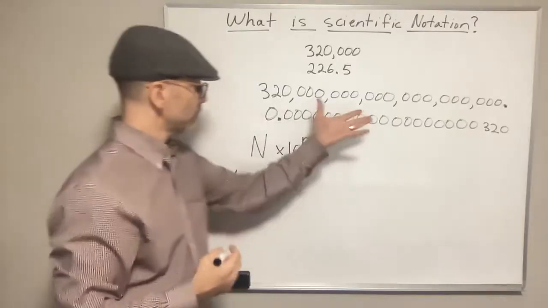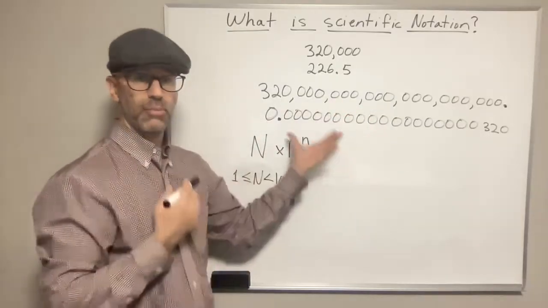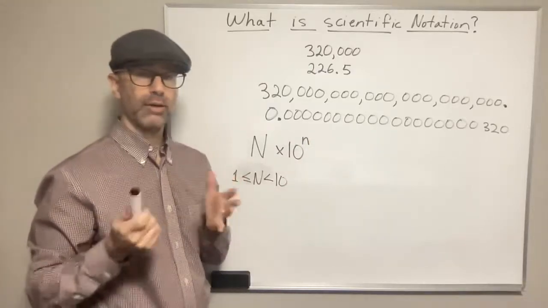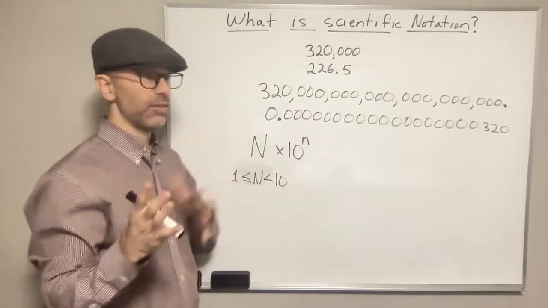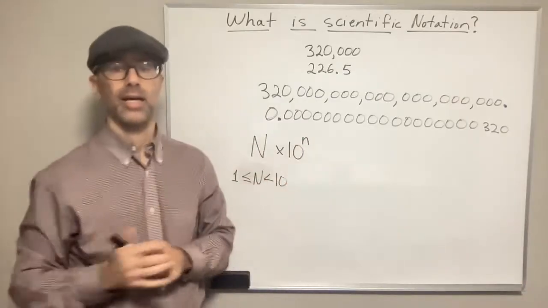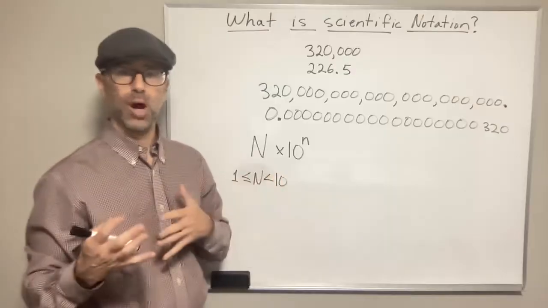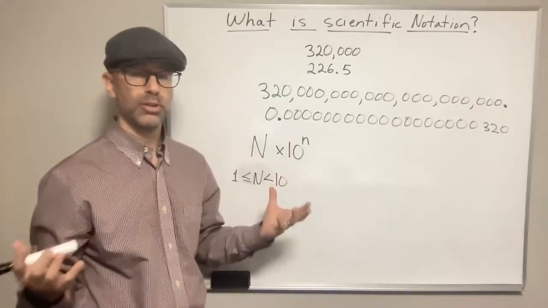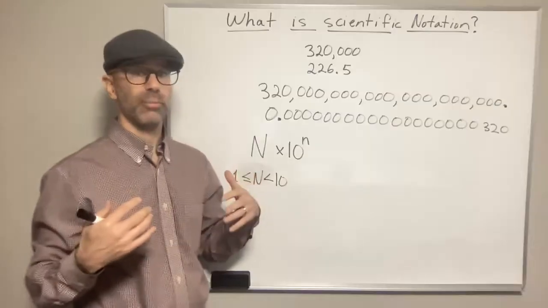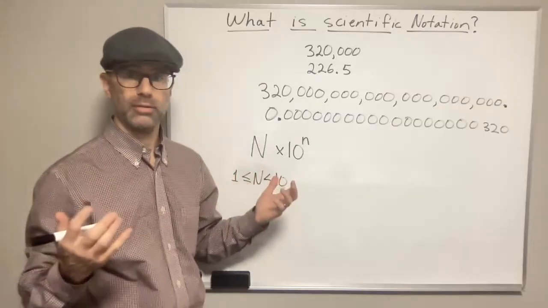So let's take these two numbers as an example. How would I write these in scientific notation? Well, rather than thinking about, do I move the decimal point to the left? Do I move it to the right? Just think about bigger or smaller, right? Is it a large number or is it a small number? Large numbers, I'm thinking something 10 or greater, right?